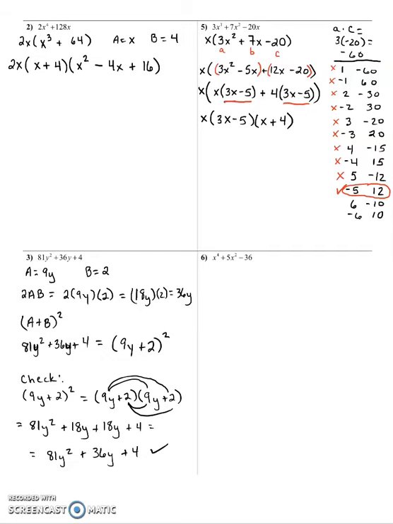Okay, what about this last one? Well, we have an x to the 4th plus 5x squared minus 36. Well, that's a trinomial, and the leading coefficient is 1. So I think we should treat this like one of those that looks like x squared plus bx plus c.